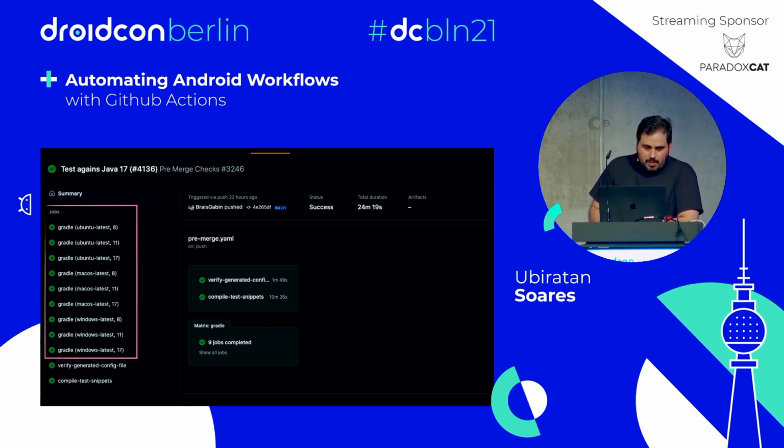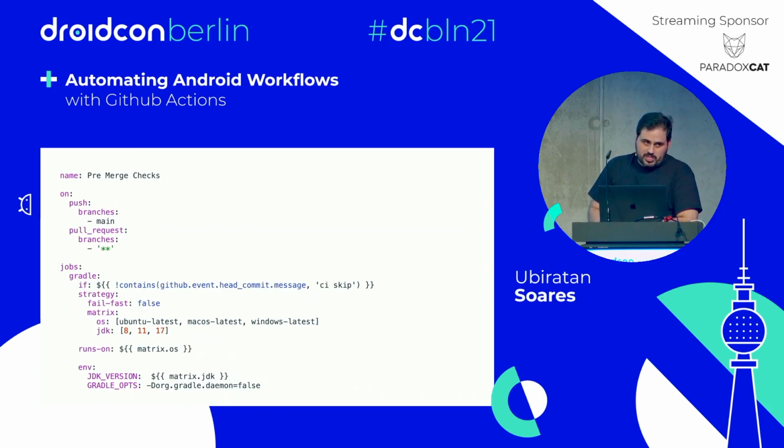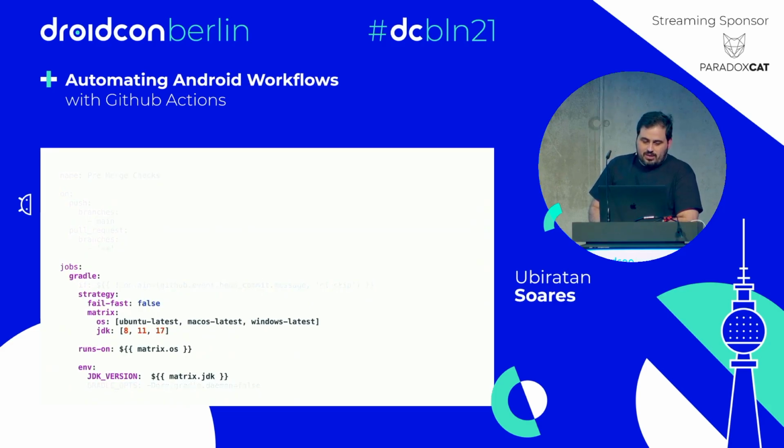If we dig a bit more and check the implementation detail, we can see that what they are using here is something called build matrix. And they define the dimensions for that matrix, specifying 2 dimensions, one for the operating system, another one for the JDK. So in this way, they can run the checks for Detekt against all the major combinations, right? So major JDK releases, the LTS releases, and also the operating systems.